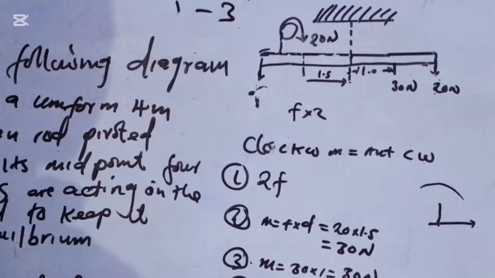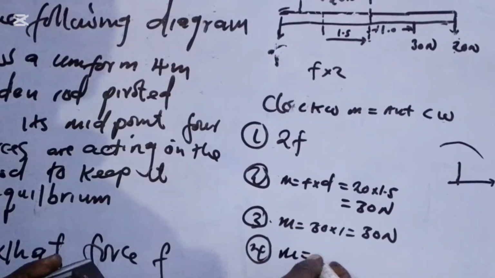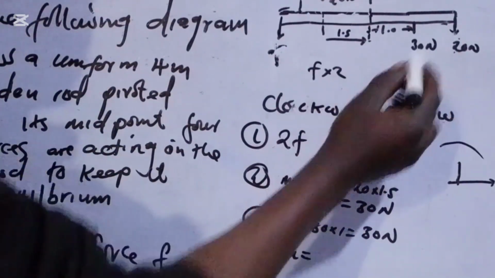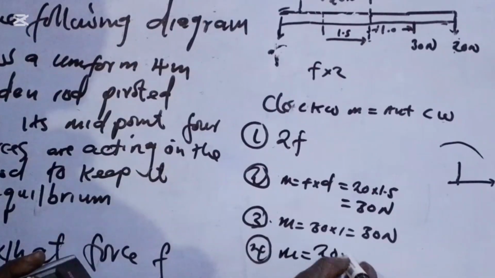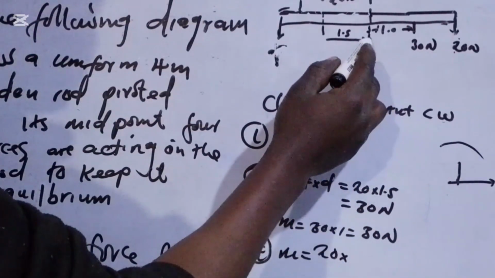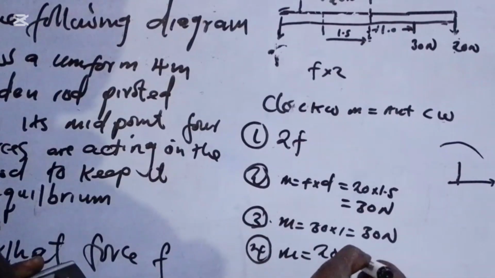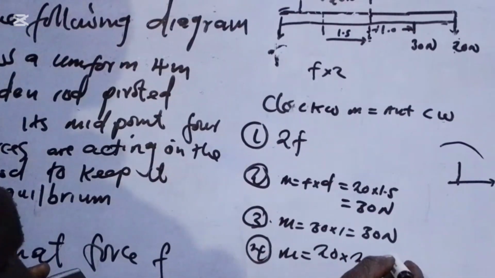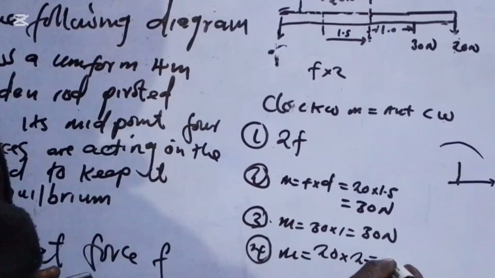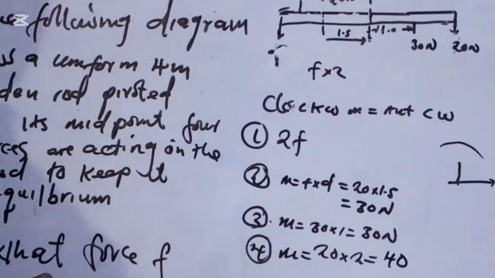So we're going to say moment equals force, which is 20, times 2, which should be equal to 40. Okay, 40 Newton.